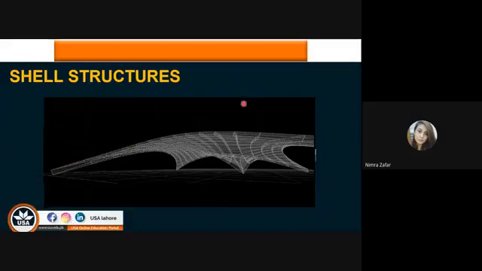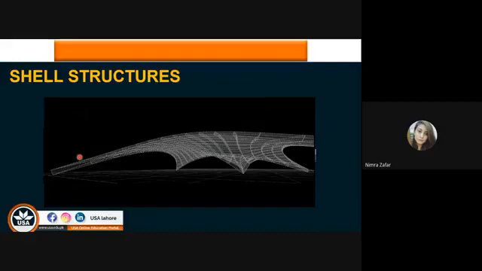So this is a big shell which is usually used in the roofs or in overall structures in the bigger structures where we cannot afford other structures like frame or concrete structures, frame structures or trusses.